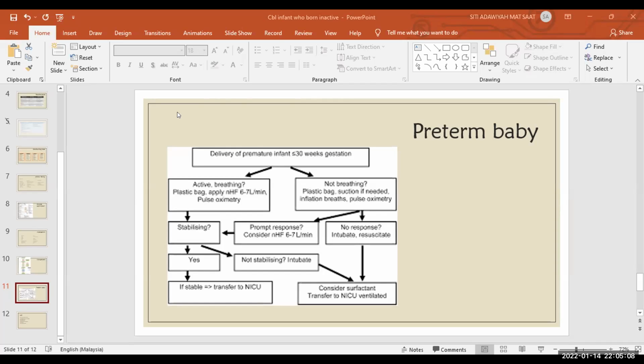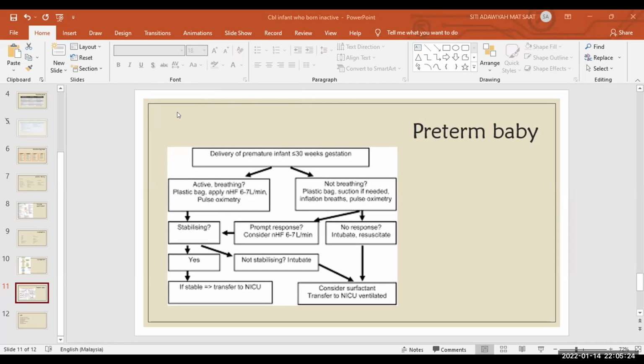and inflation breath, and also we need to check for the pulse oximetry. And if there is no response, we need to intubate and resuscitate and consider surfactant. And then we need to transfer to the NICU for ventilation.